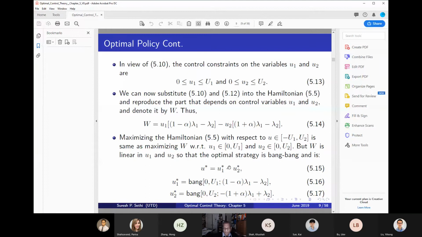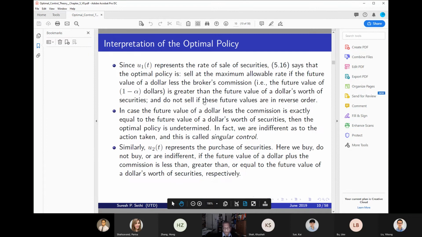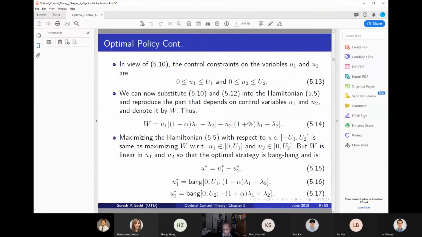Now, if I sell, I get the future value of $1, and when you multiply by 1 minus alpha, this is the future value less the broker's commission.